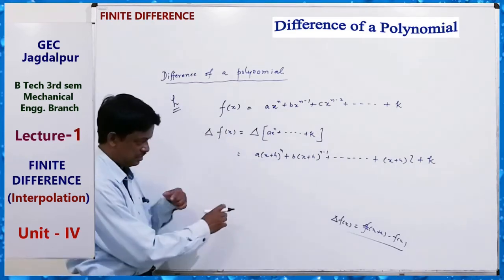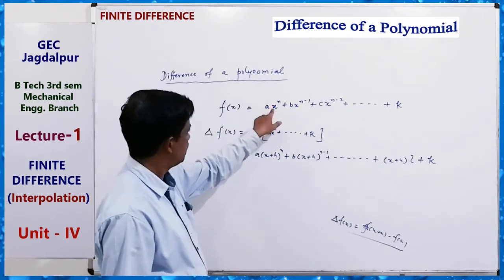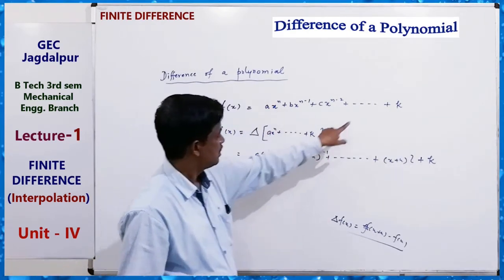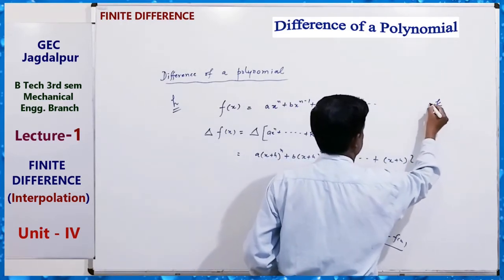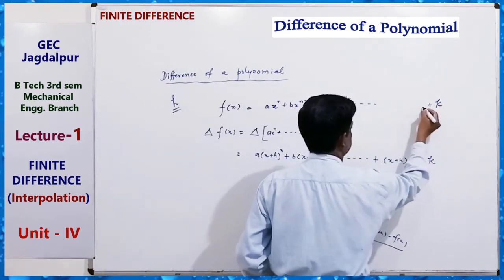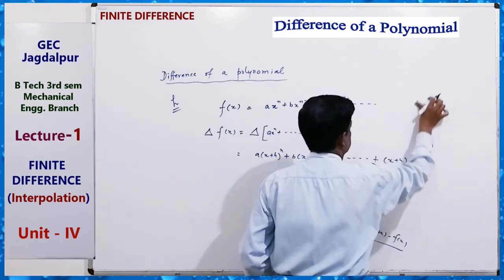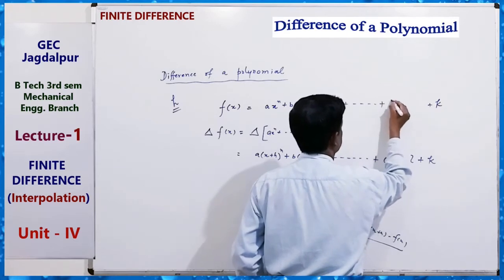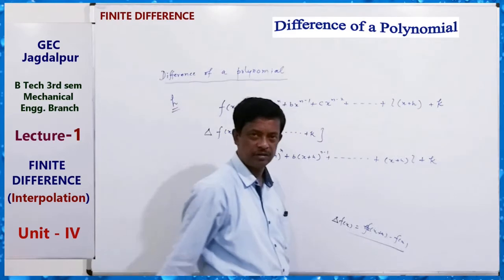Means we just use this formula, f(x+h). This is f(x); in place of x plus h, up to here, its last term is x to the power 0, and its previous term is some constant into x plus h to the power 1.